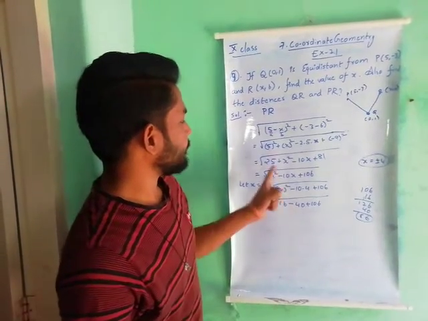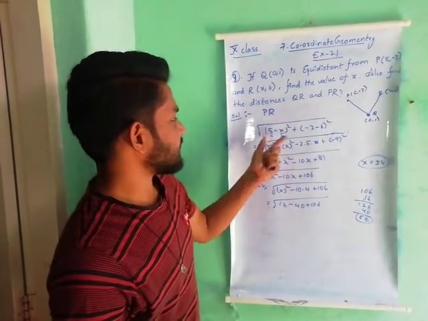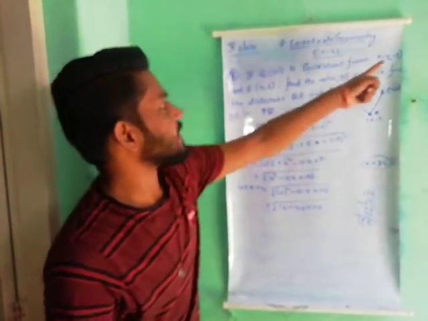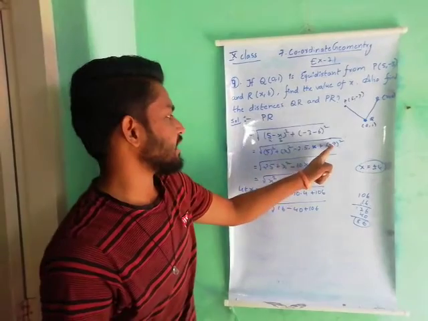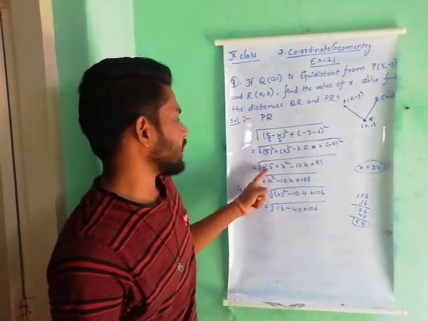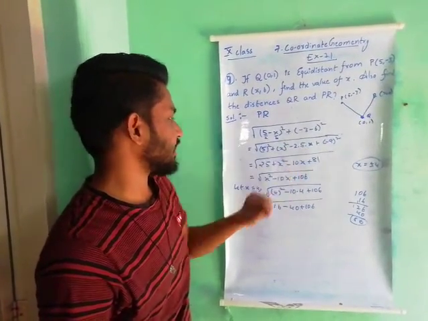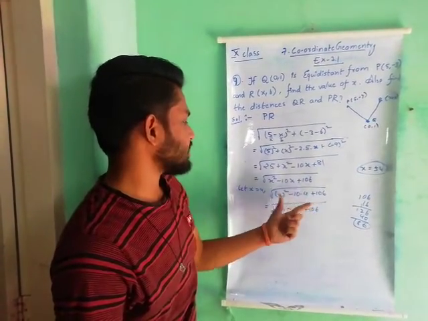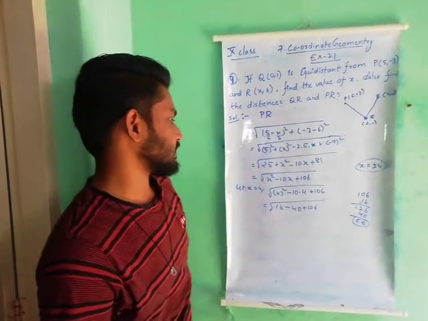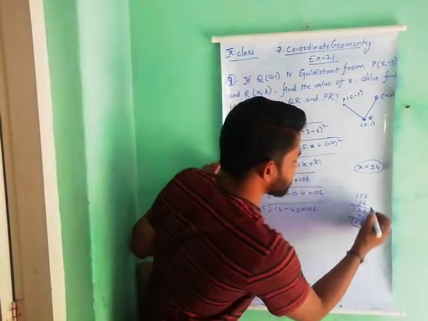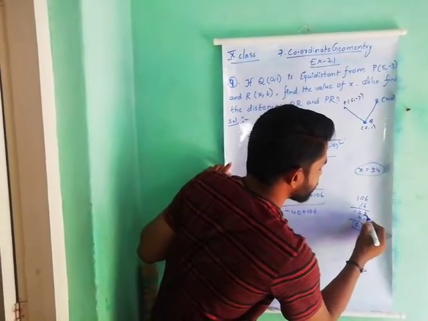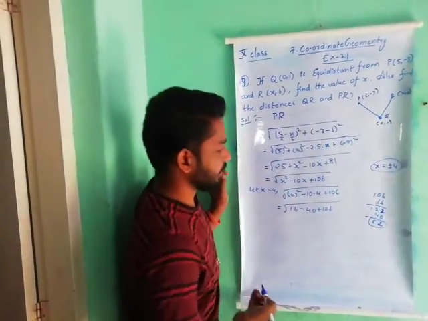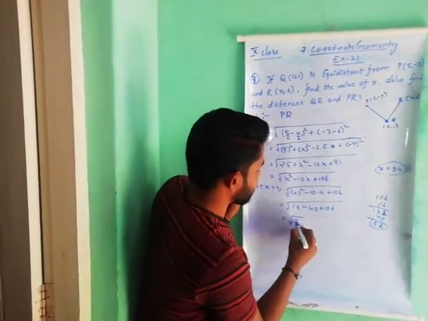Clear? Just simplifying: (5 - x) whole square plus (-3 - 6) whole square, where (-9) whole square means 81, 25, x square, and 2ab means 10x. 25 plus 81 is 106, plus 16 is 126, minus 40 gives 86.